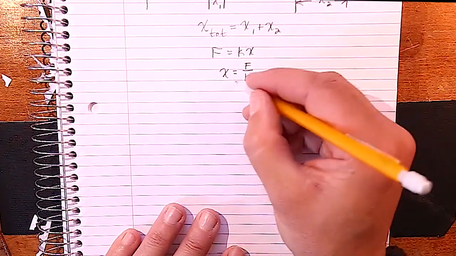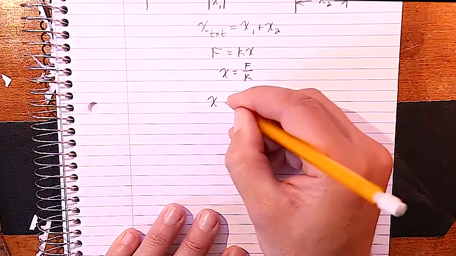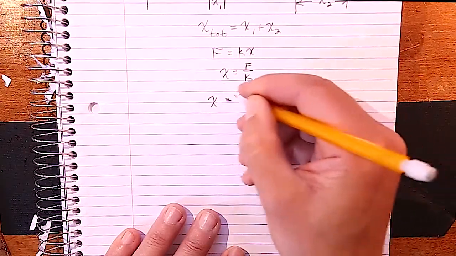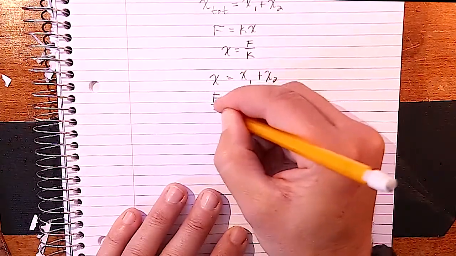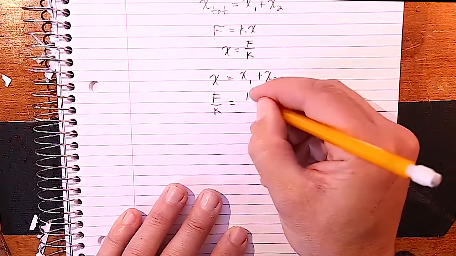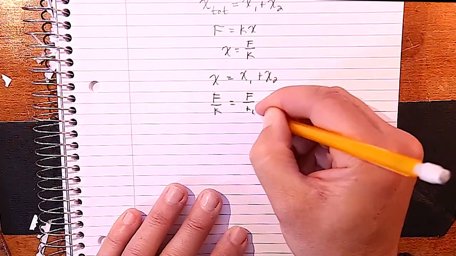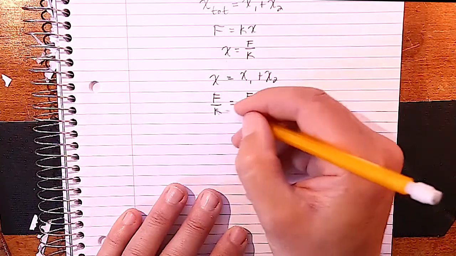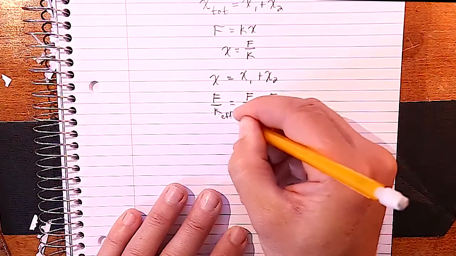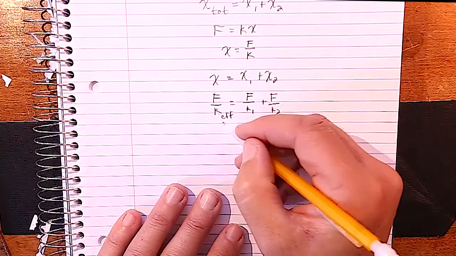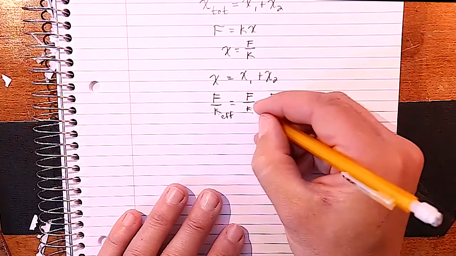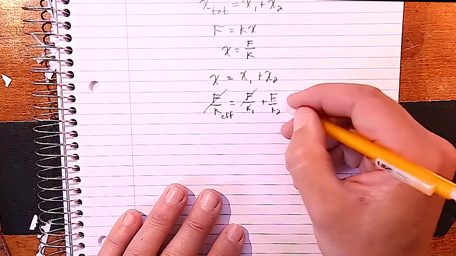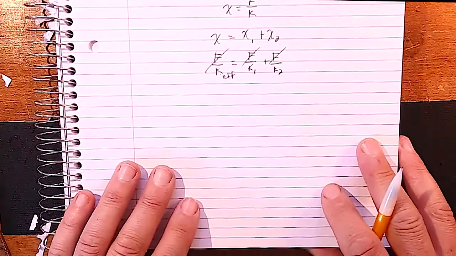So if we say x is equal to x1 plus x2, then we can rearrange and say F over k is equal to F over k1 plus F over k2. And this k, we call k effective. In other words, this is the effective spring constant of the two combined. There's only one force, so we have an F on each side, and those F's will cancel out.